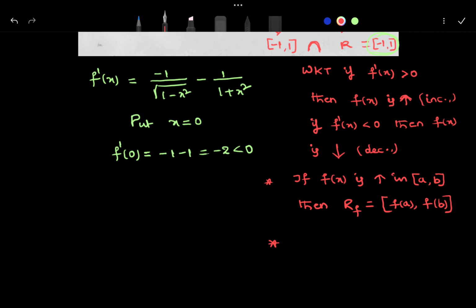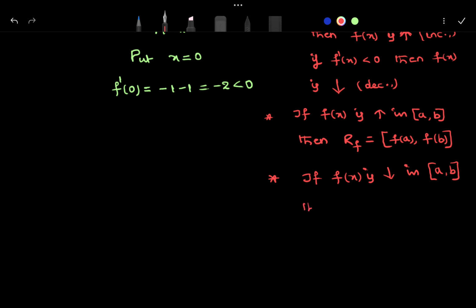And similarly, if f of x is decreasing in the closed interval a comma b, then the range of f is equal to the closed interval f of b comma f of a. So this is a basic concept in monotonic functions.